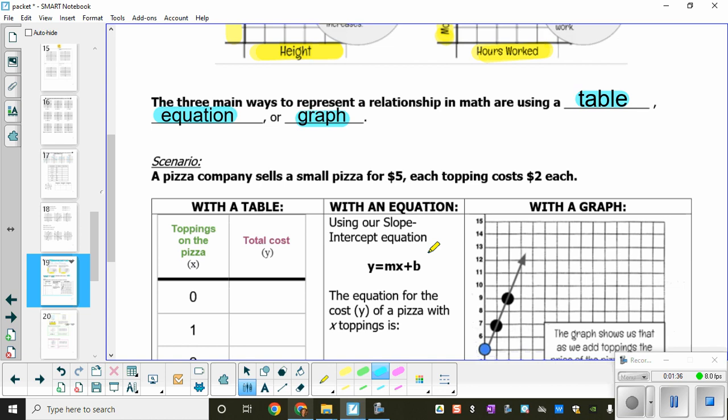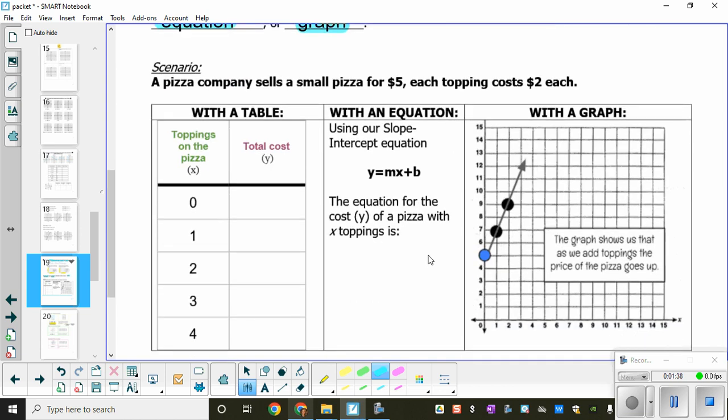So we're going to dive in with a scenario, look at the table, how we started out earlier in the unit, make sense of the equation that we now know how to write, and make sense of it over here on the graph, and make the connections between all three things.